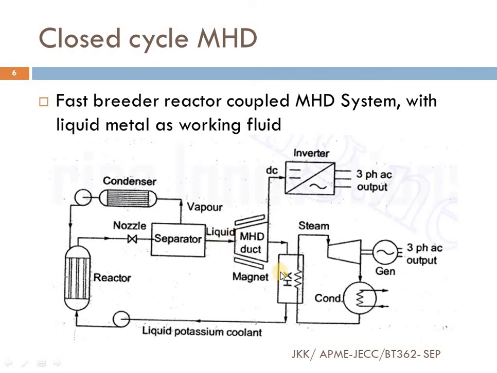The output of the MHD will again be passed through another heat exchanger for generating steam. After that it will be pumped back to the reactor. In the separator, the vaporized potassium will be condensed and fed back to the reactor.